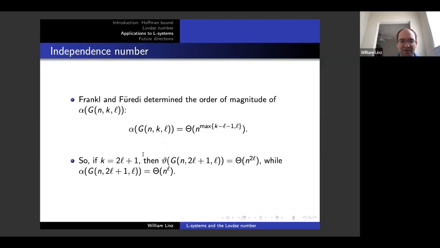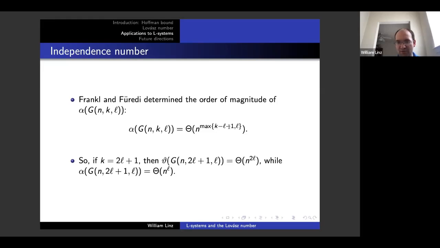So if K is 2L plus 1, which is what we had before, then the Lovász number by the computation on the previous page is going to be of the order n to the 2L, while the independence number is on the order of n to the L, right?